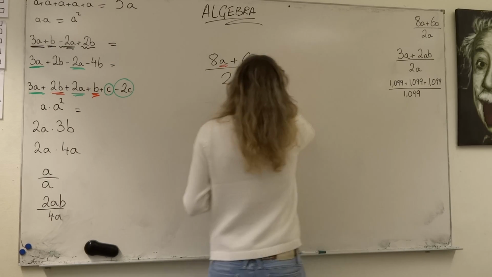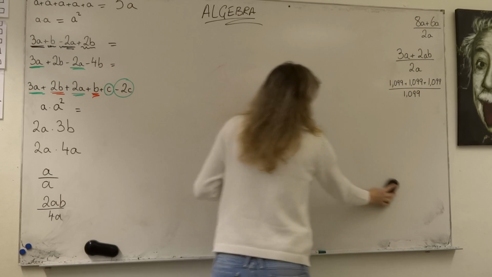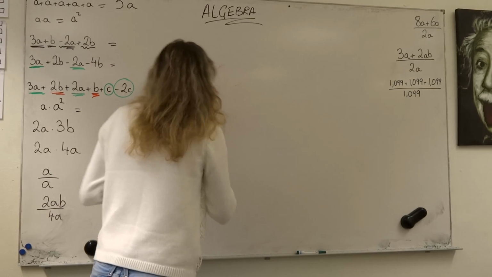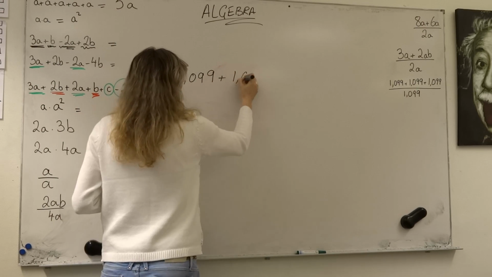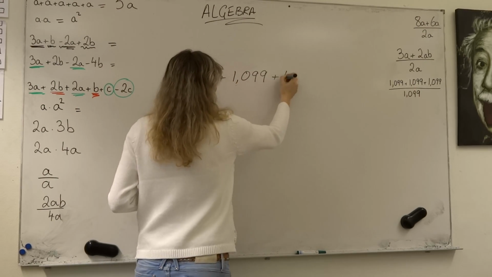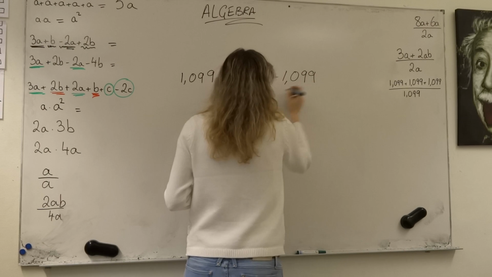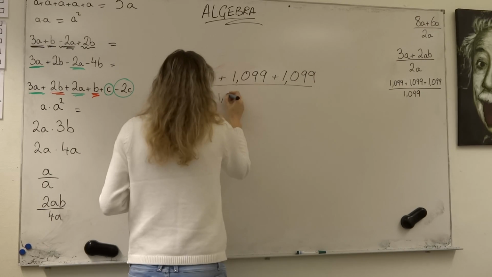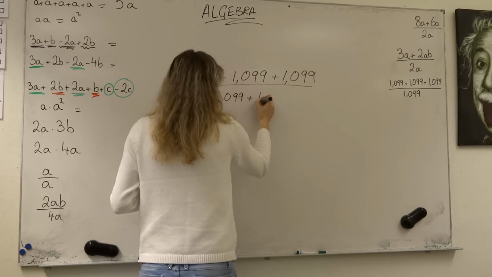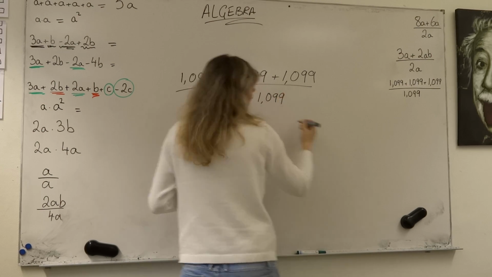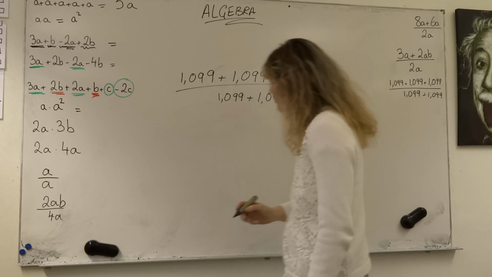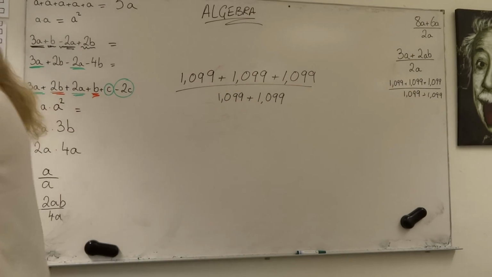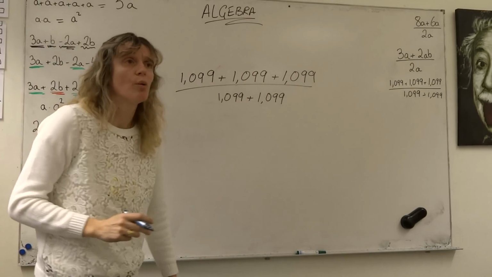What can we do with this expression where we have 1.099 plus 1.099 plus 1.099 divided by 1.099 plus 1.099. I'm changing it here. Well, if you don't have a calculator, you might think that looks quite complicated.